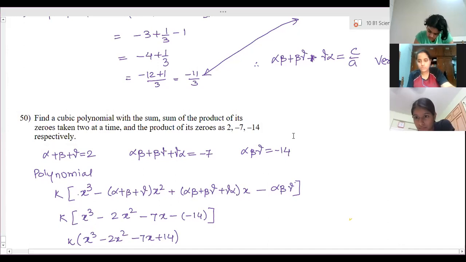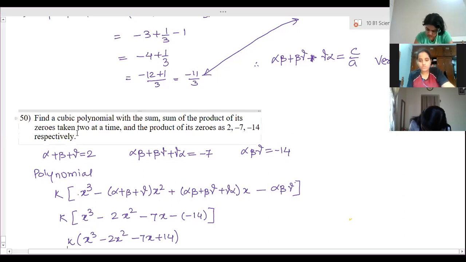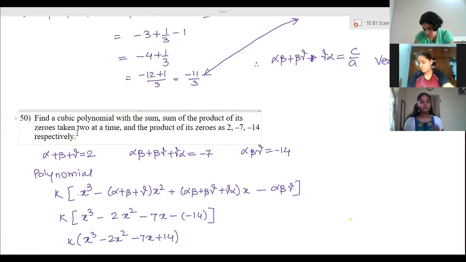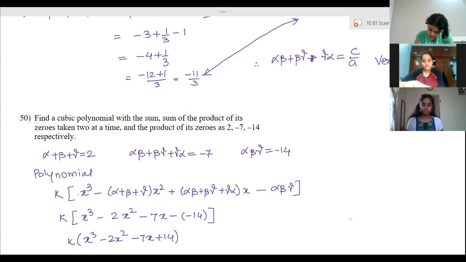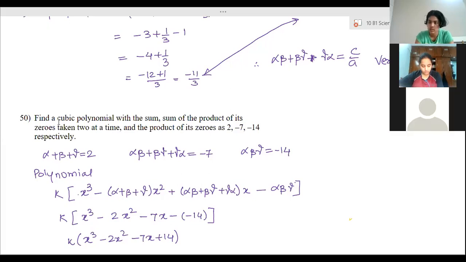Ma'am, for Sunday's test, even this will come, right? Yeah, till 47. Okay, ma'am. Till 47 question numbers. You have a Sunday test of irrational numbers and polynomials till question number 47.